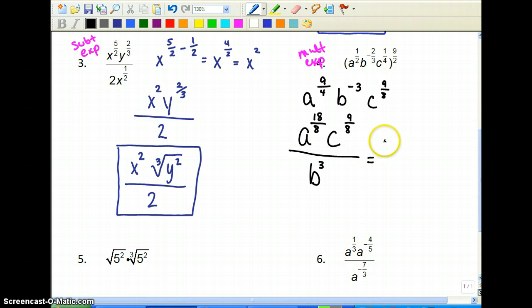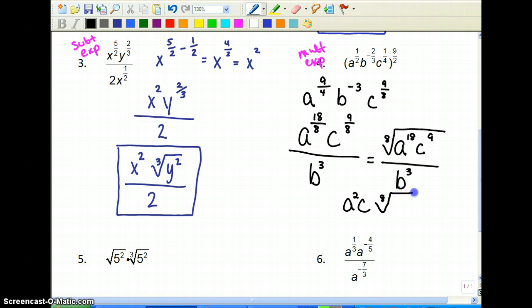Change them into radicals. The 8th root of a to the 18th, c to the 9th, all over b to the 3rd. Is it reduced? No. 8 goes into 18 twice, so 2 a's come out. 8 goes into 9 once, so a c comes out.